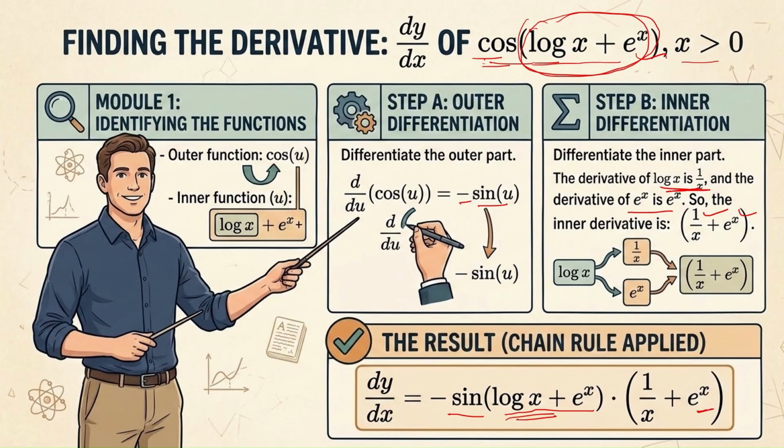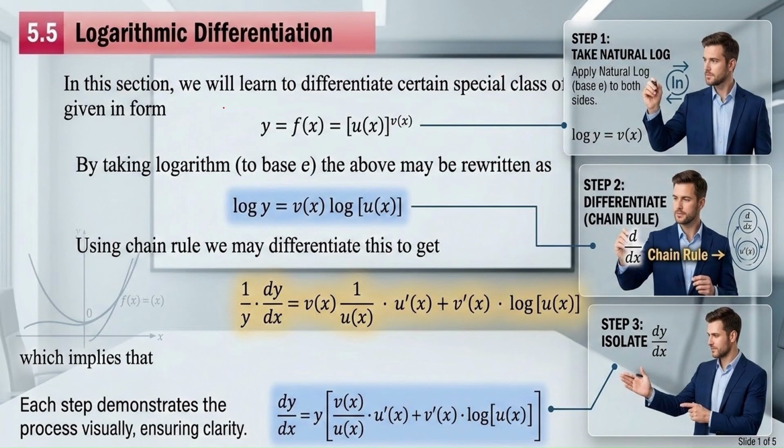Next, logarithmic differentiation. How to differentiate using the logarithm? For which type of functions should we apply the log and then differentiate? The function is of the type u to the power of v, otherwise f of x to the power of g of x. Any function to the power of another function. Here y is equal to u of x to the power of v of x.